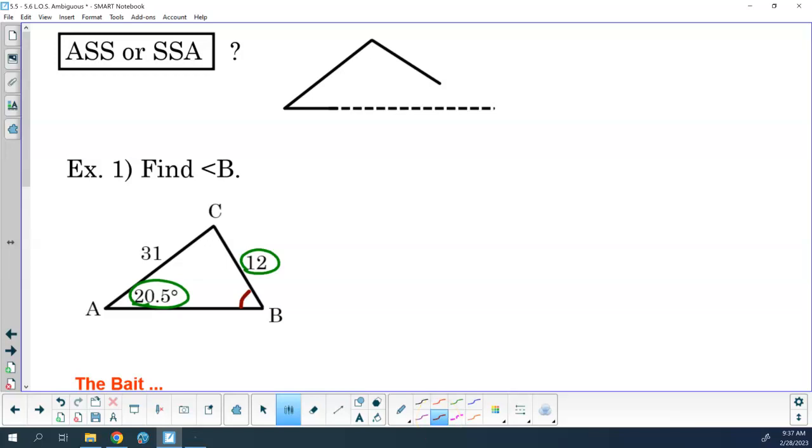Find me angle B. So law of sines tells me that we should have the sine of 20.5 degrees over 12 equaling the sine of angle B over 31. Do you agree with me on that?